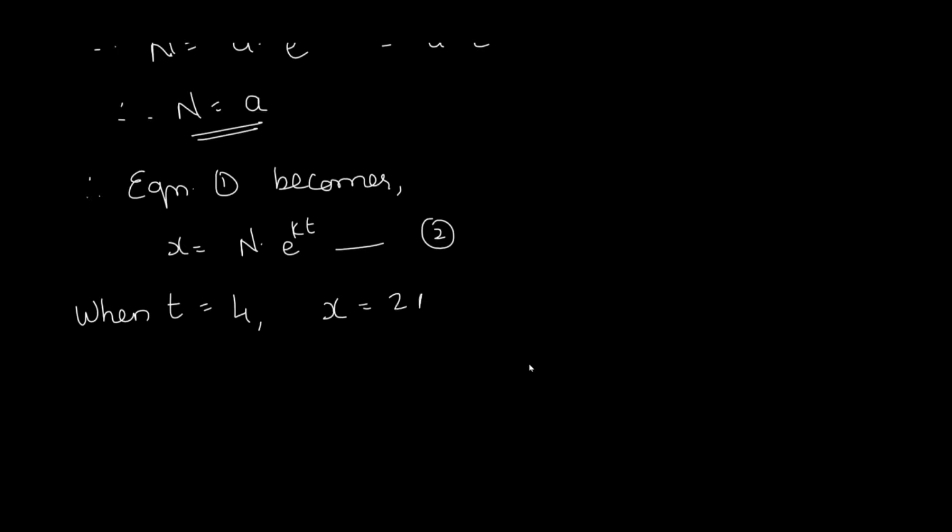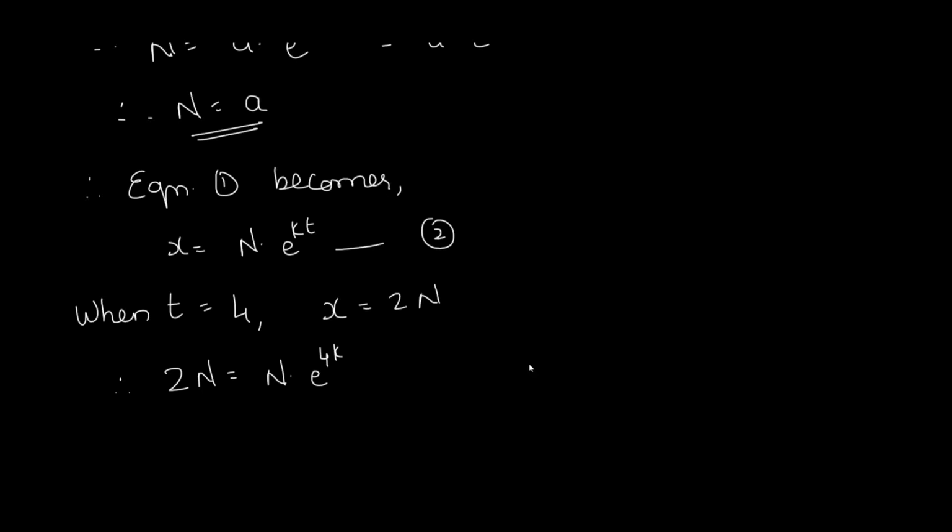I would advise you to open your textbooks and keep it ready so that you can read the question simultaneously. So this fact we put in equation 2, and therefore x becomes 2n, so 2n is equal to n into e raised to k into t. T is 4 in this case, so 4k.